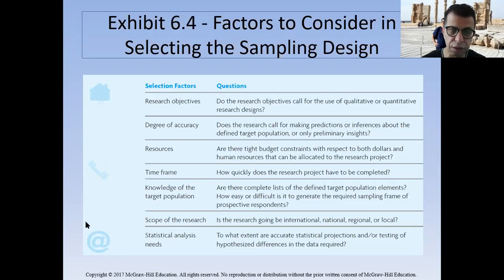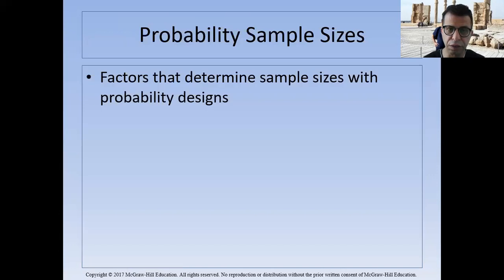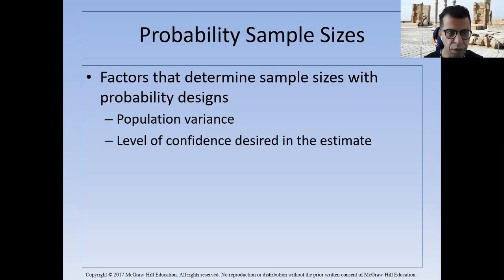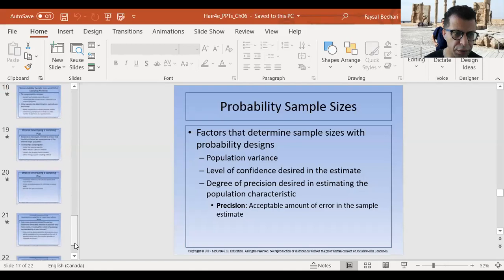So these are the sampling issues that we're looking at, and the factors that determine the size and the probability design. Now, let's see how far we got there.